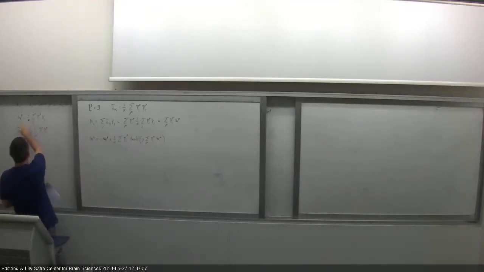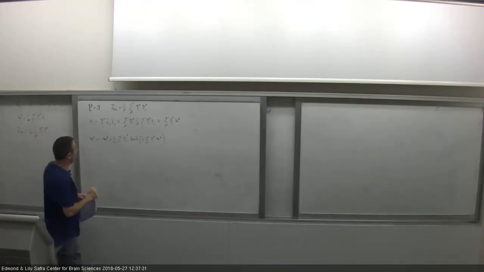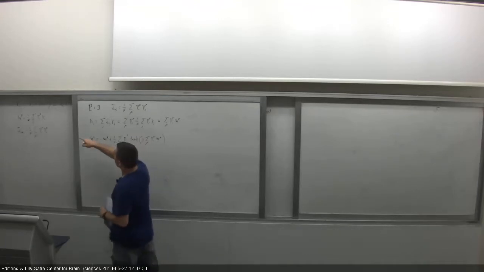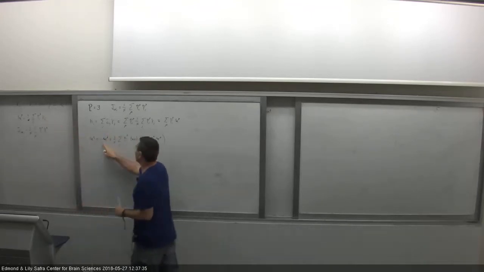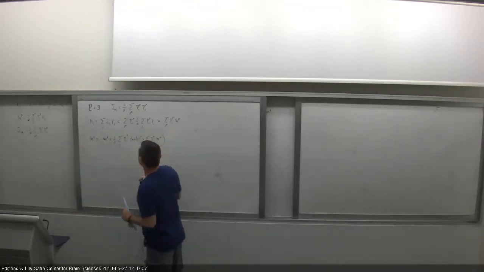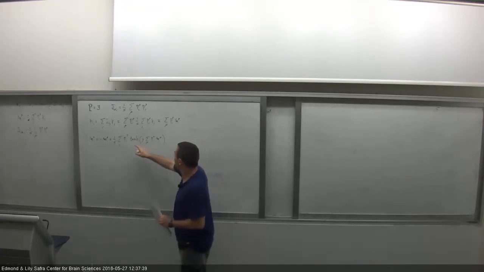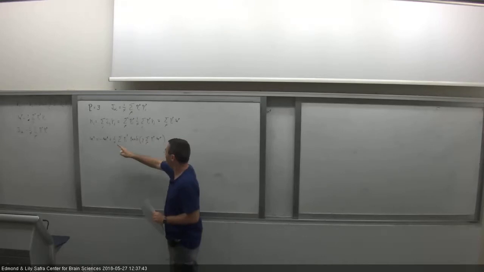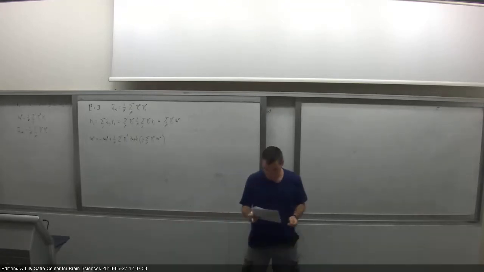This is just 1 over n sum over i Pi1 times Ri. The minus Ri will give us the minus m1, and this is the contribution. This is hyperbolic tangent of the input to neuron i, and this is sum over all neurons weighted by Pi1.